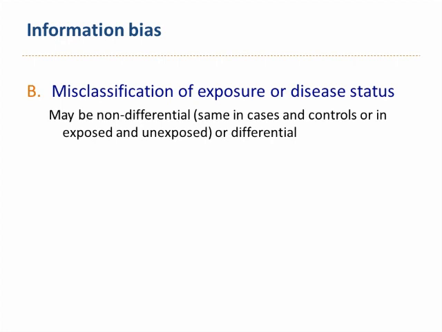For example, we would be very concerned if smoking status was recorded with a greater degree of accuracy for those who are cases in a case control study than for controls.